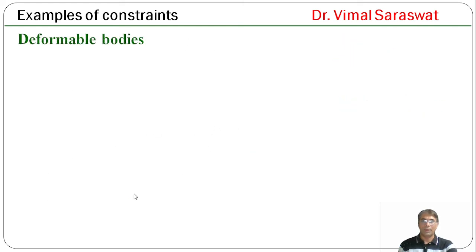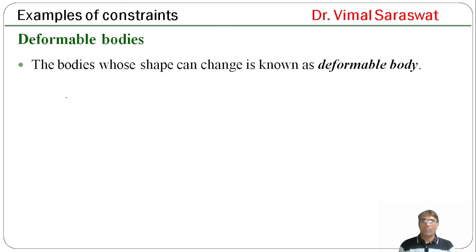Now, our next example is deformable body. A body whose distance between particles changes with time is known as deformable body. So the bodies whose shape can change are known as deformable bodies.